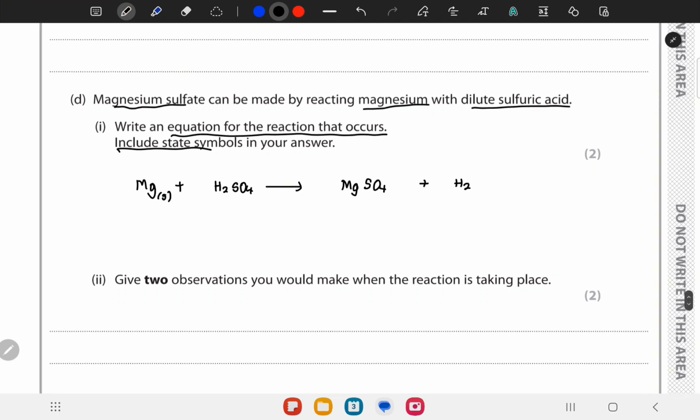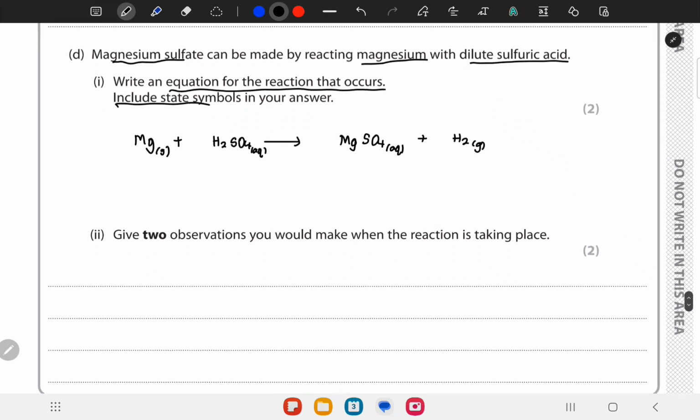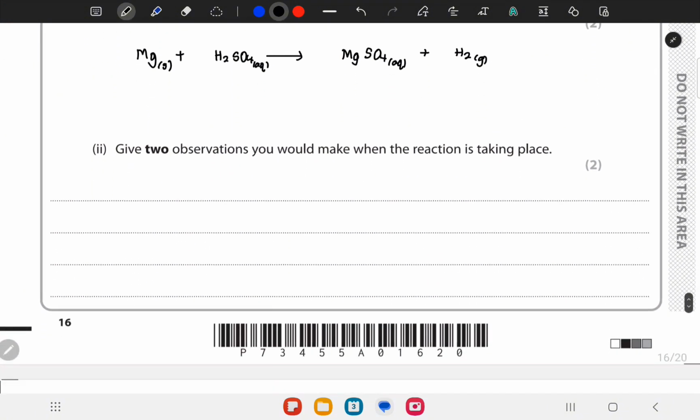Magnesium is a solid, dilute sulfuric acid would be aqueous, magnesium sulfate would be aqueous, it's soluble in water, and the hydrogen gas. Now we have to give two observations of this reaction.